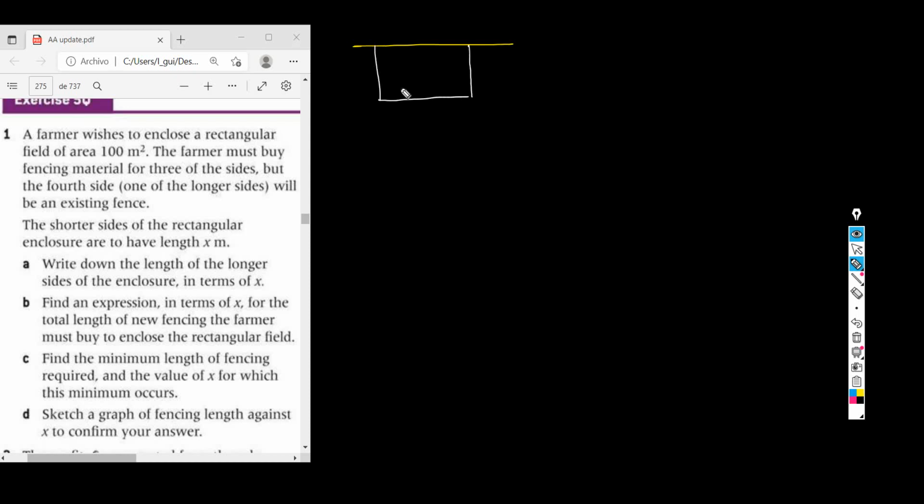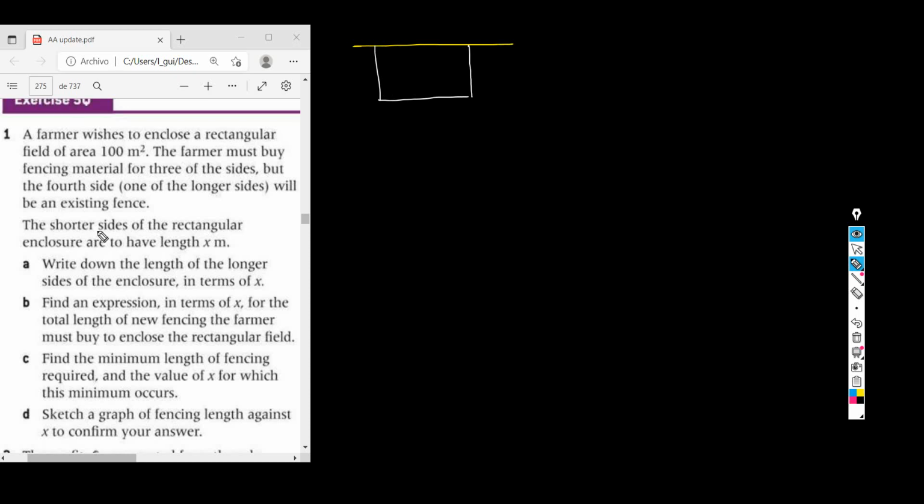So these 3 sides that I'm drawing right now in white, that's going to be the fencing that he will be buying and applying in this area, because this yellow fence is already there. So he will not invest any money in this part. Okay, and we know that the area of this enclosing is 100 meters square.